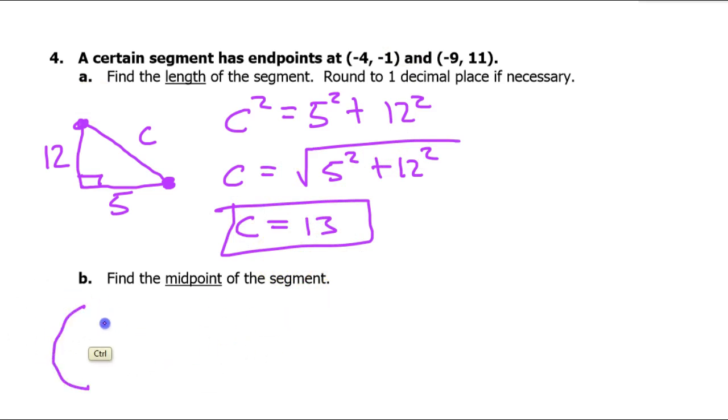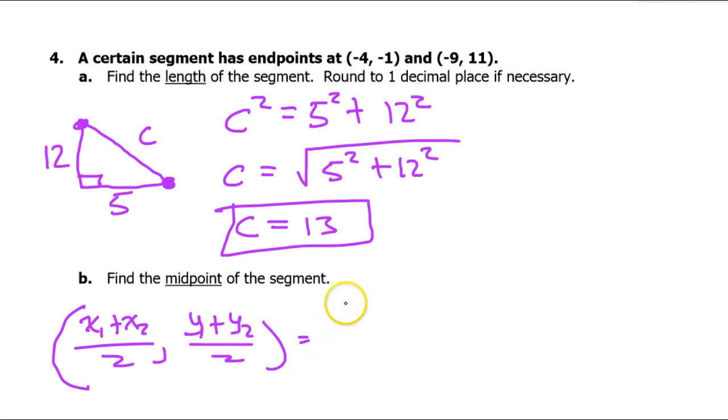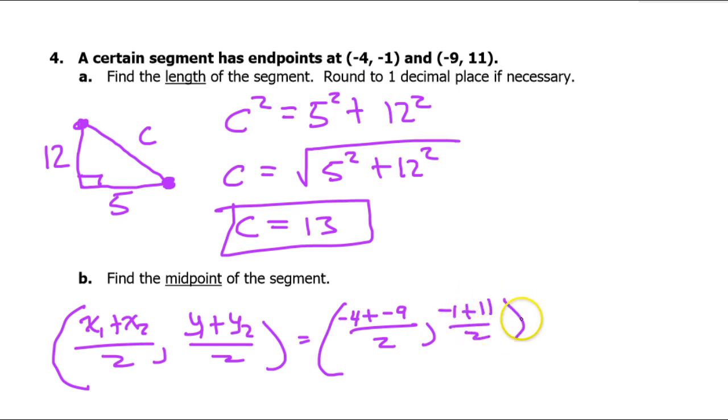We know that the midpoint is simply going to be the average of the x's, comma, the average of the y's. So that's what we're doing. The average of the x's is -4 plus -9 divided by 2, and then the average of the y's is -1 plus 11 divided by 2. So what's that? -4 plus -9 is -13, divided by 2.